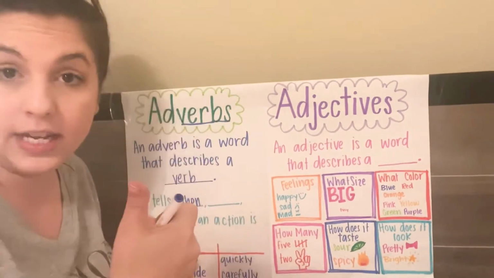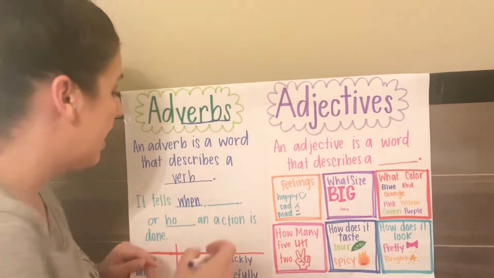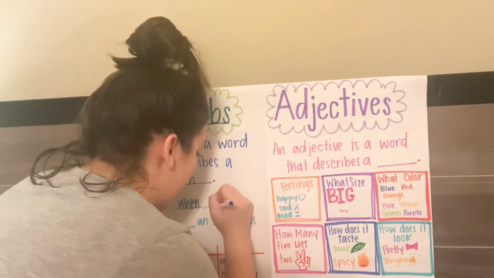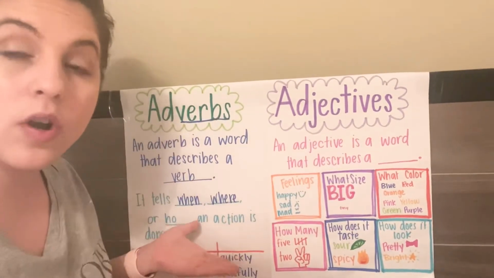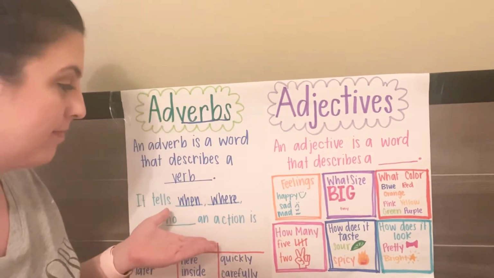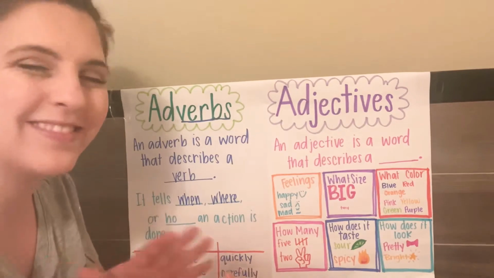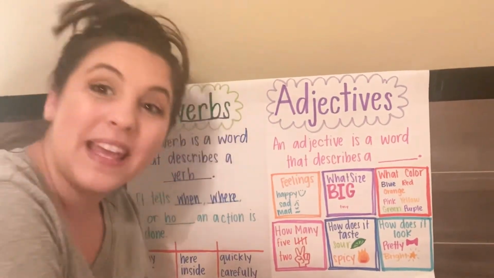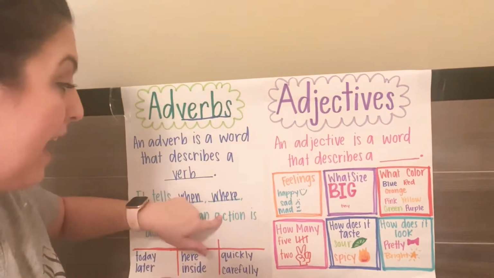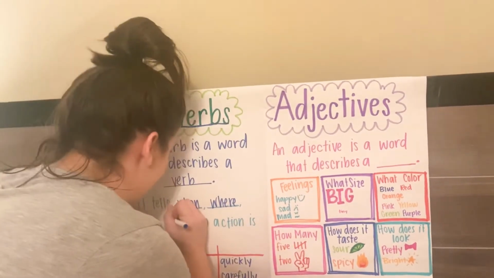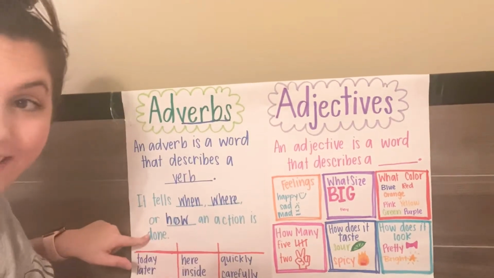So it tells you when the action happened, or when the verb happened. Sorry, it's shaky, you guys. It tells you where the action happened, or how the action happened. Miss Seward, it tells you when the action is done, where the action is done, or how the action is done, okay?